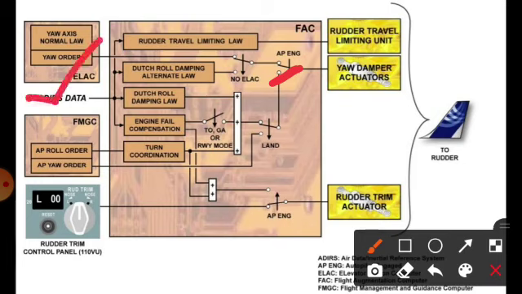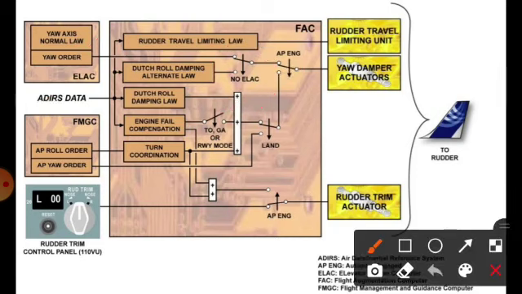At least one ELAC should be serviceable for the autopilot engagement. When both ELACs are failed, like here it is shown, when both ELACs are unserviceable, autopilot cannot be engaged.